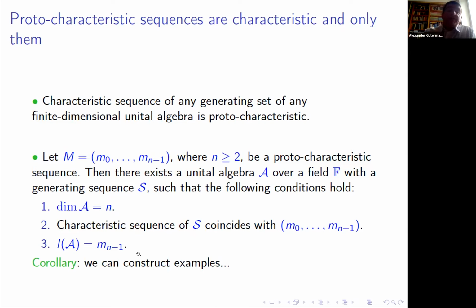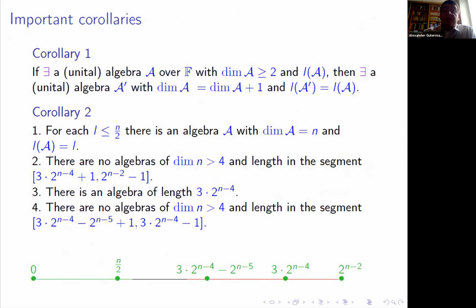So why do we need such a result? For example, when we would like to study feasibility of length. When we want to check what length values could be realized by a non-associative algebra, we arrive via the previous construction at quite surprising results.